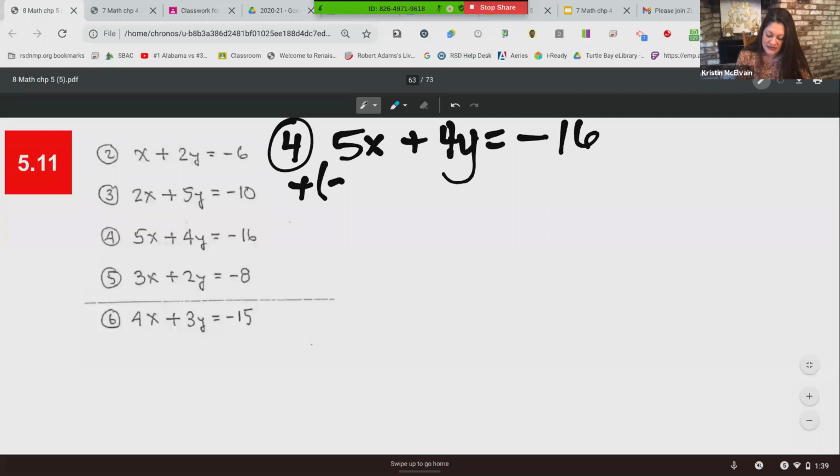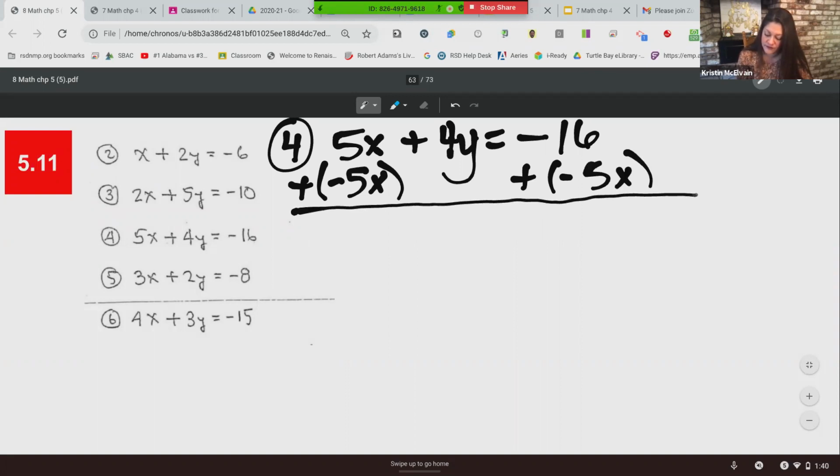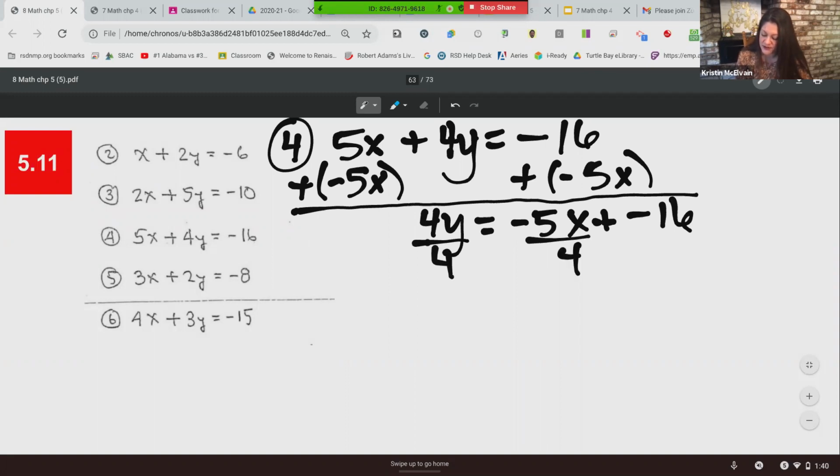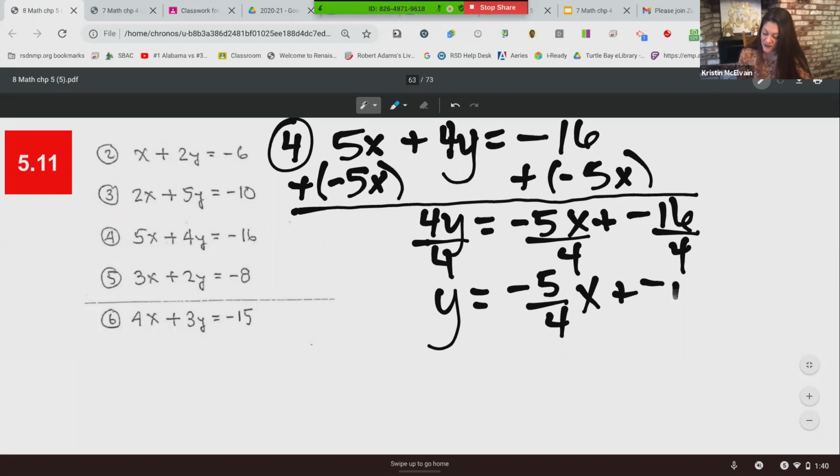Move the 5x to the other side by adding the opposite. Leaves us with 4y equals -5x plus -16. Divide each thing by 4. Y equals -5/4 x plus -4.